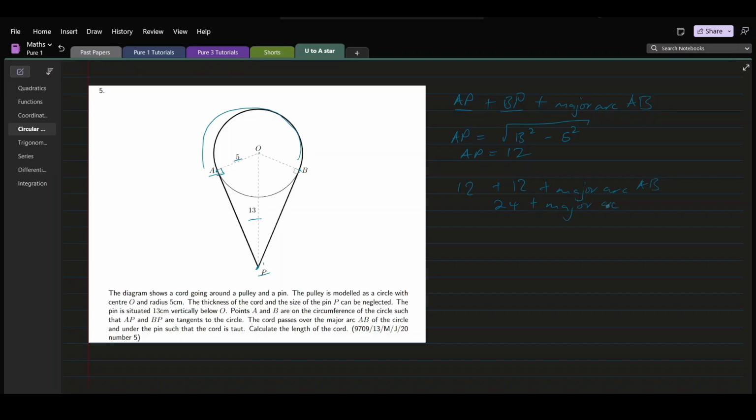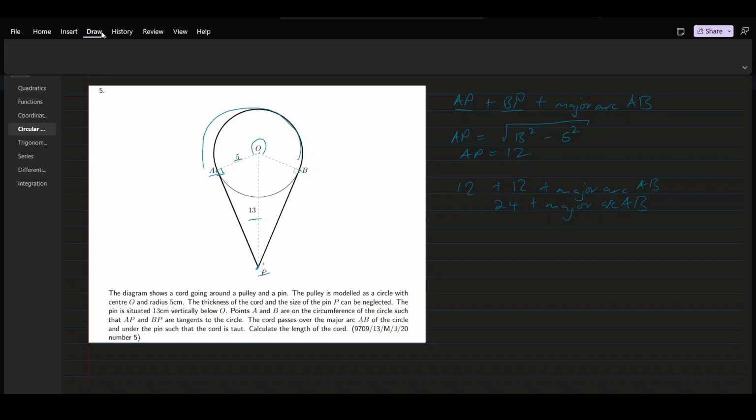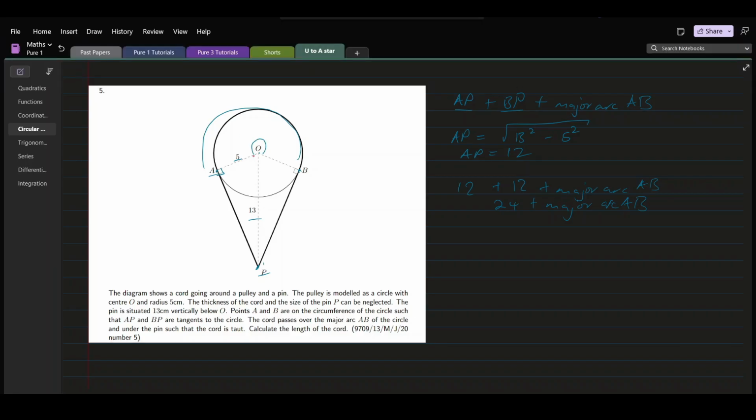Now to get the arc length of our major arc, we need this angle over here. And we can get that by first getting this angle here. So let's start by finding this angle over here in the right angle triangle. So we have this side as 5, that side would be the adjacent, and then we have our hypotenuse as 13. We're going to call this angle theta and say that cos theta is equal to adjacent being 5 over the hypotenuse, which is 13.